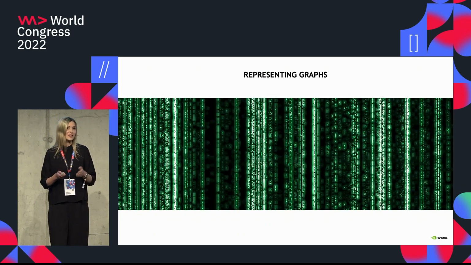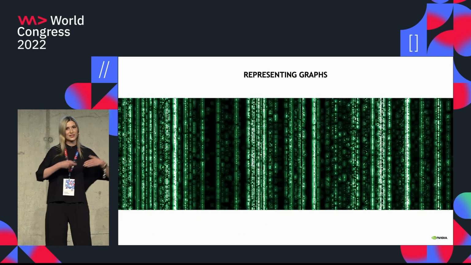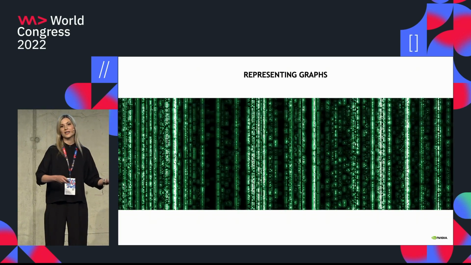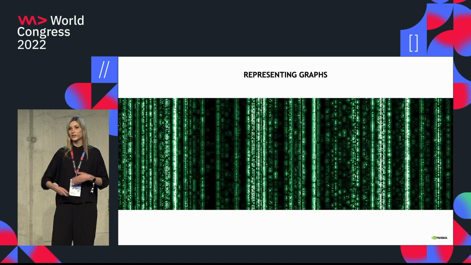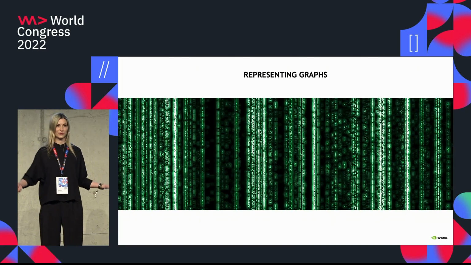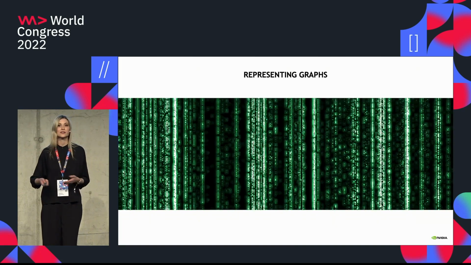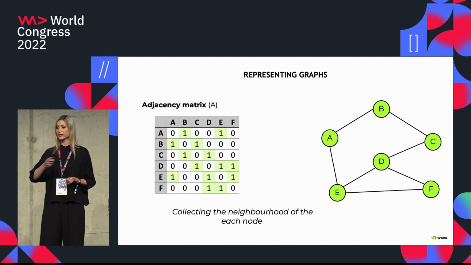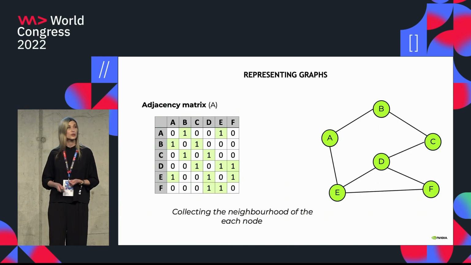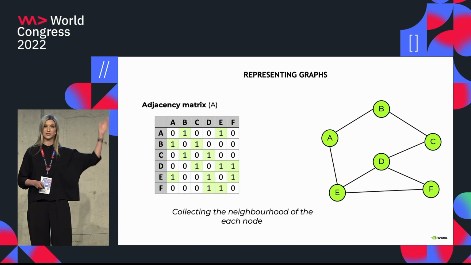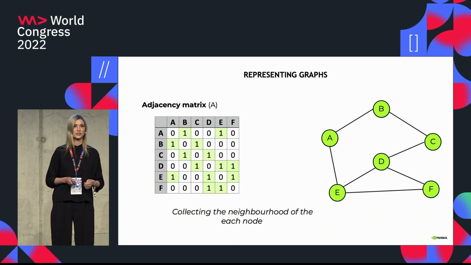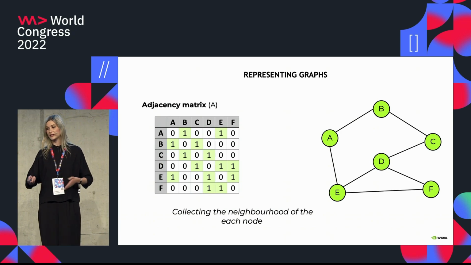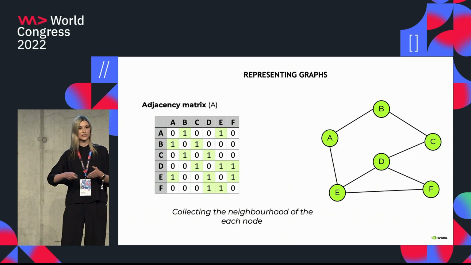You may also wonder what kind of data structure we can use to represent our data in order for our computer to understand our graphs. One good representation is a matrix representation. An example of such a matrix representation is an adjacency matrix. In an adjacency matrix, we encode the values of connections between nodes.